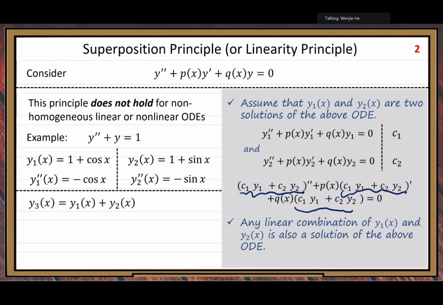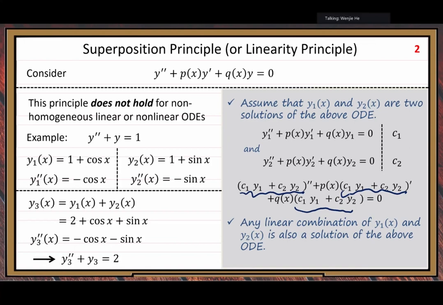So y3 equals y1 plus y2 equals 2 plus cosine x plus sine x. Then the double prime of y3: the constant is gone, and negative cosine and negative sine cancel out. So this function satisfies double prime equals 2, not 1. So y3 is not a solution of the original ODE. This is a counterexample.